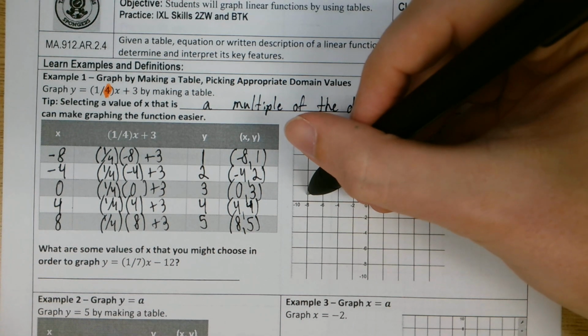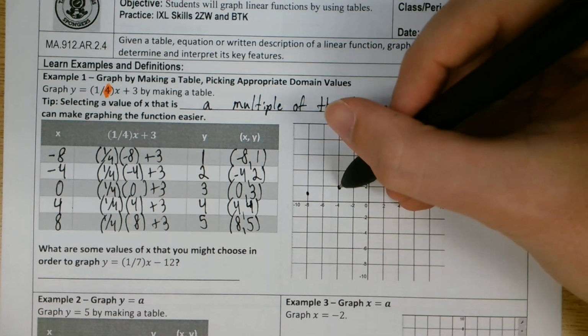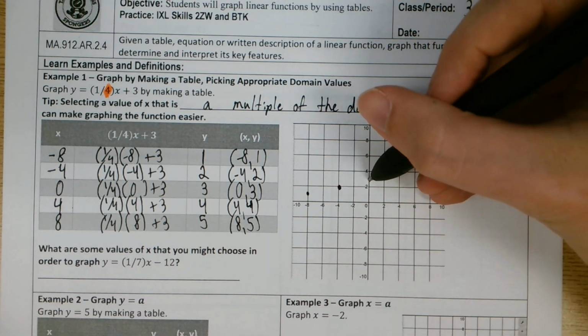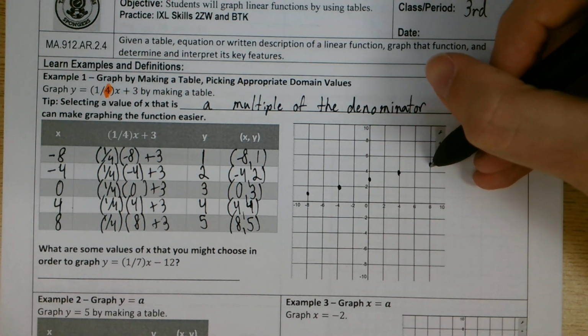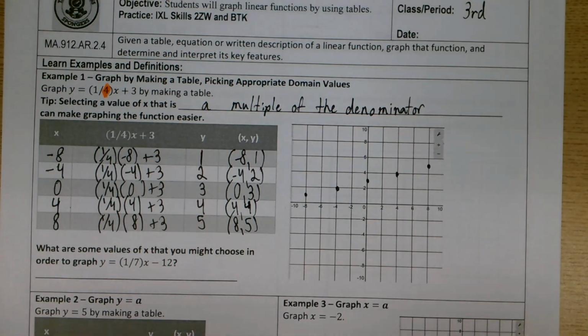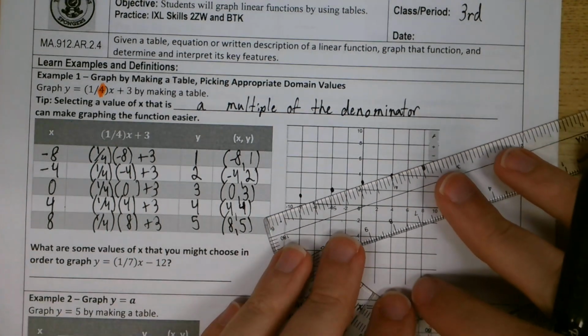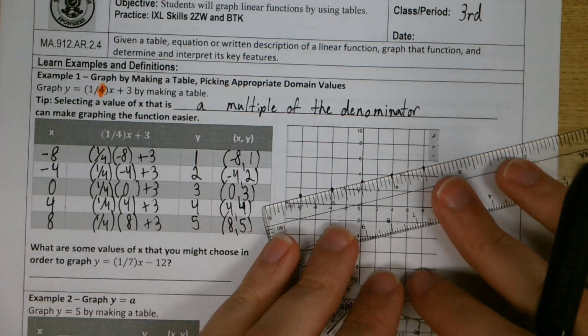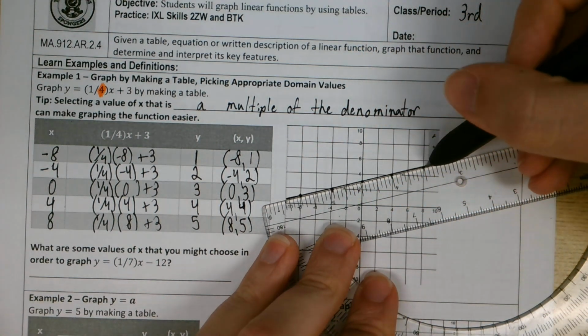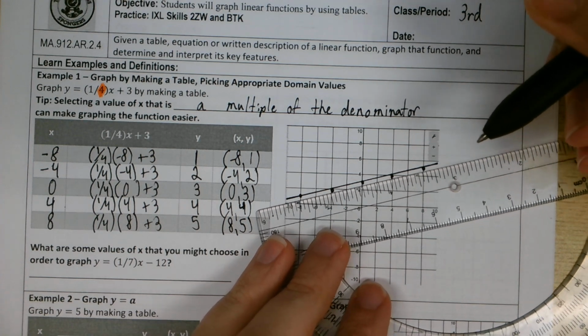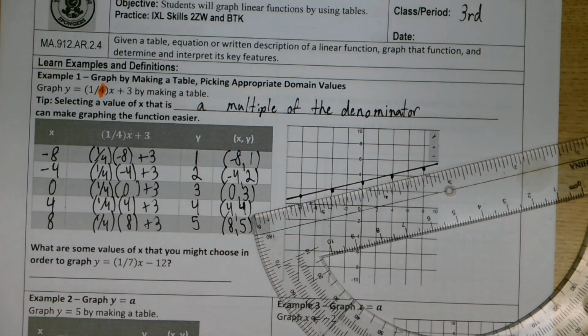And we can connect them up with a straight line. We have a view of what our graph should look like, passing through those points.